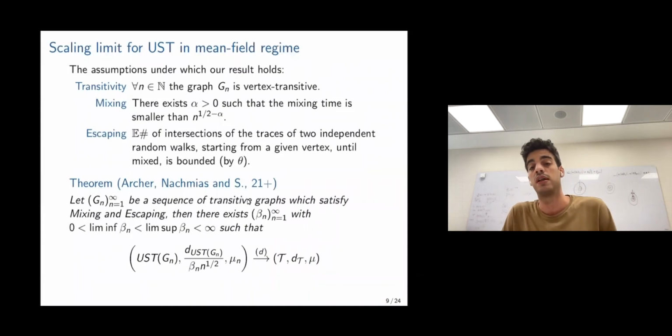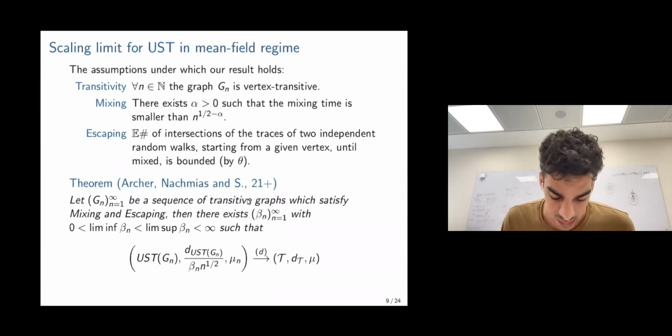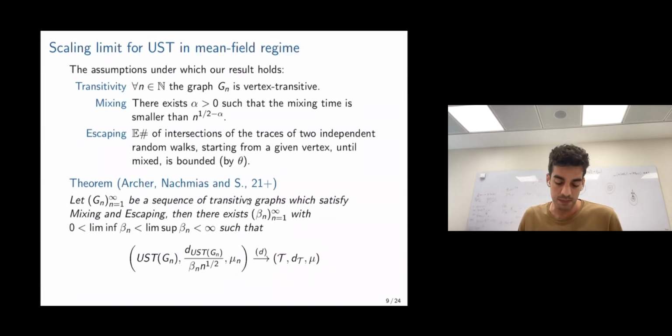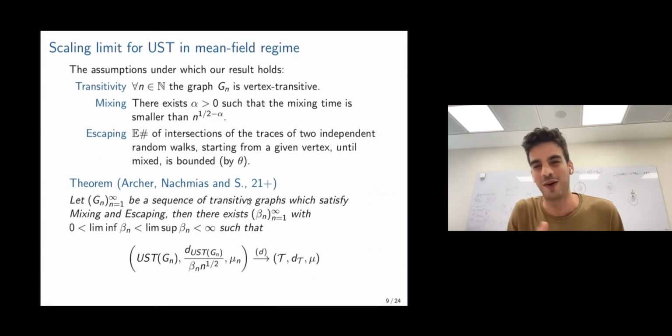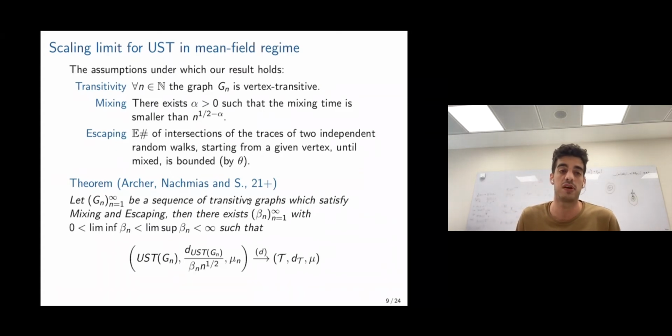So let Gn be a sequence of such graphs: transitive, mixing, and escaping. Then we can find a sequence beta n of constants, bounded from below and from above, such that under the correct scaling, beta n times square root n, we have this convergence to the CRT, again with respect to the same topology.